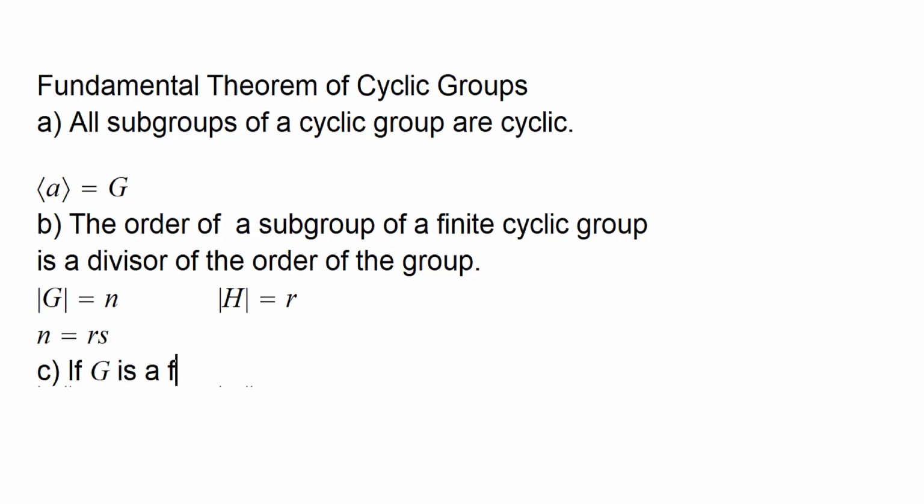And part C is this: if G is a finite cyclic group of order n, what does it mean?